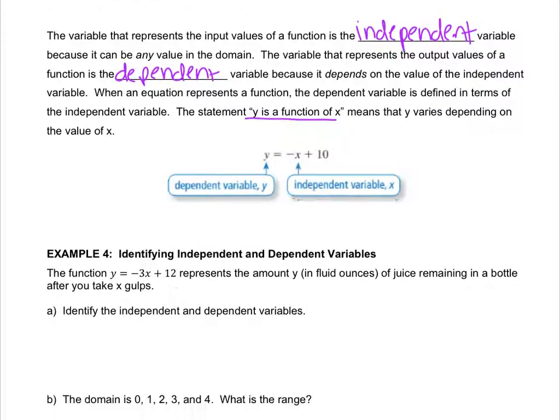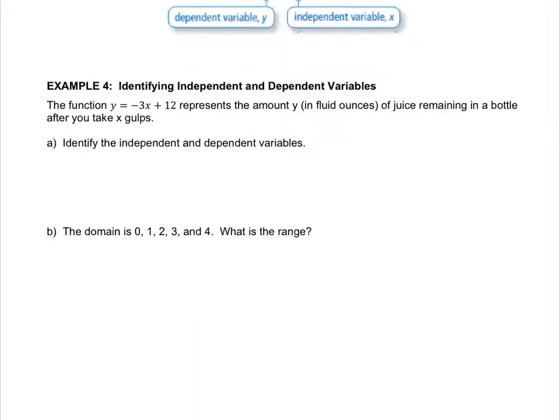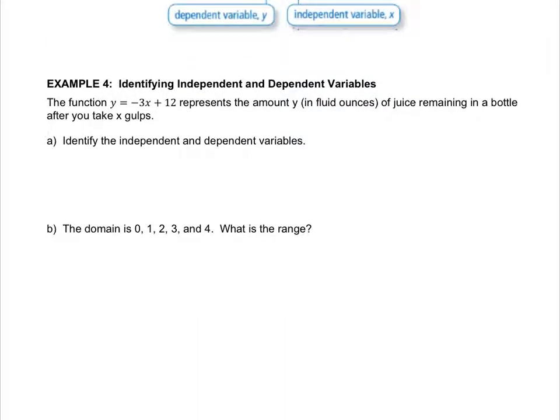All right, last little bit down in example 4. The function y equals negative 3x plus 12 represents the amount y in fluid ounces of juice remaining in a bottle after you take x gulps. So before we look at the questions A and B, let's just talk about independent and dependent. If you think about drinking a glass of juice, depending on how many gulps you take, that would change the amount of liquid in the cup.